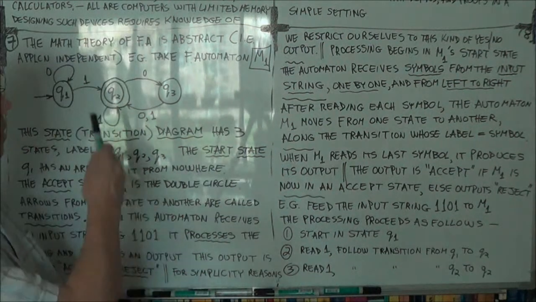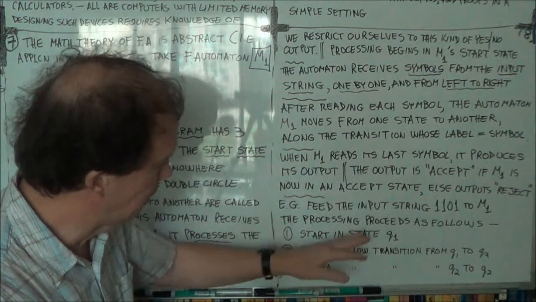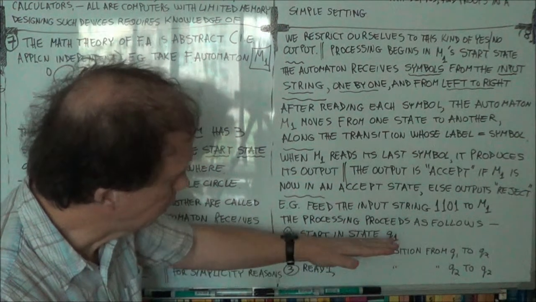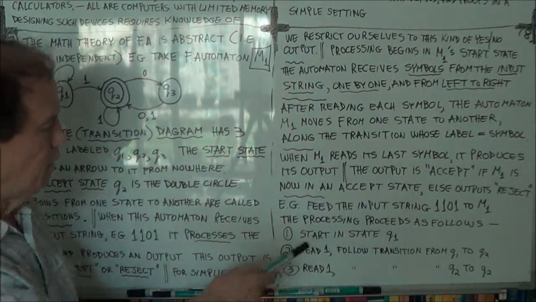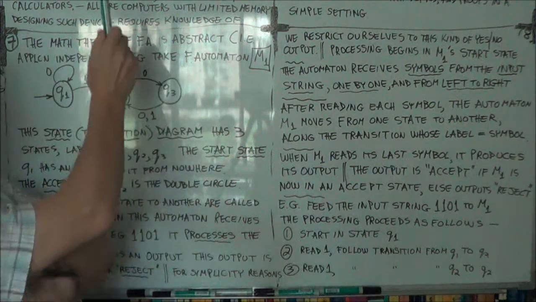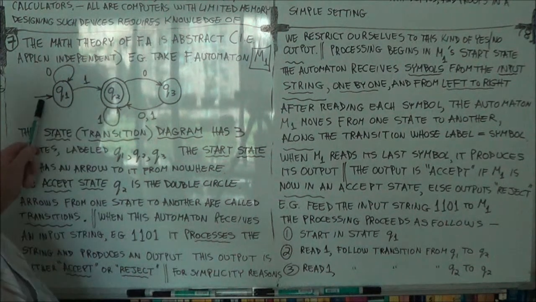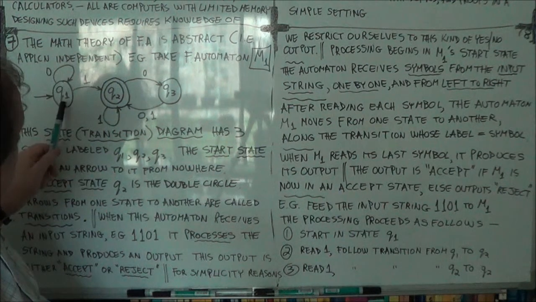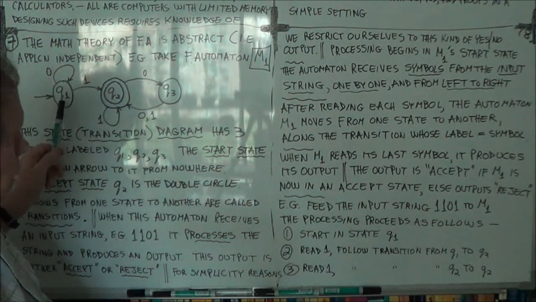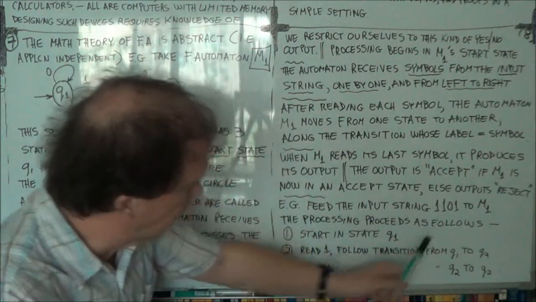Okay? So I'll go through it verbally, and then we can do it in more detail this and the next session. We look for the detached arrow, coming out of nowhere. Here it is. So we know the starting state is Q1. Now we look at the first symbol. It's 1.